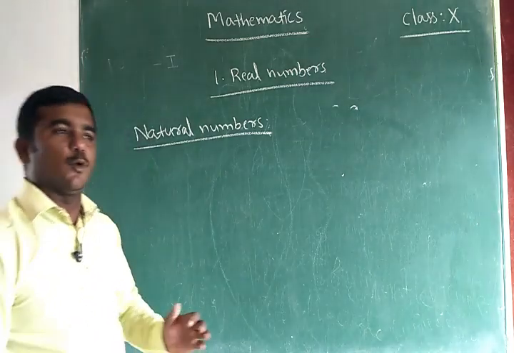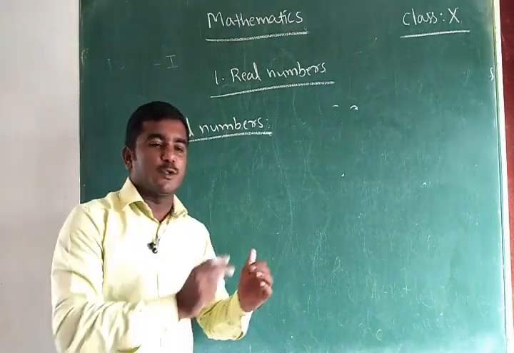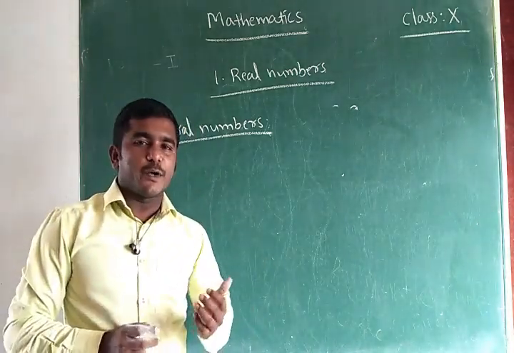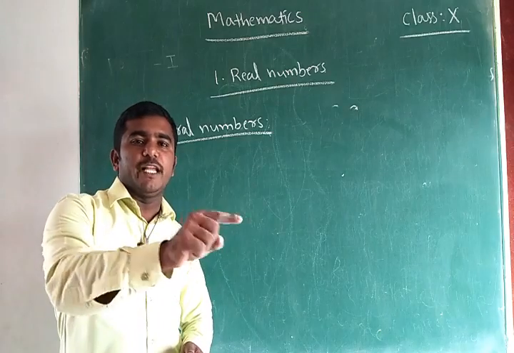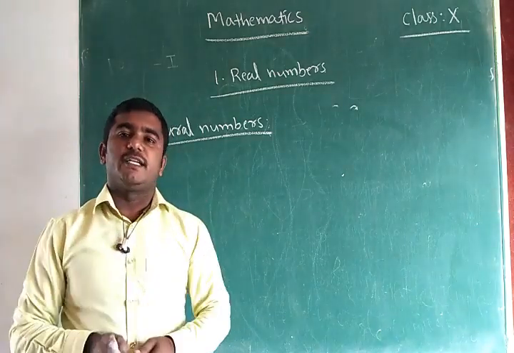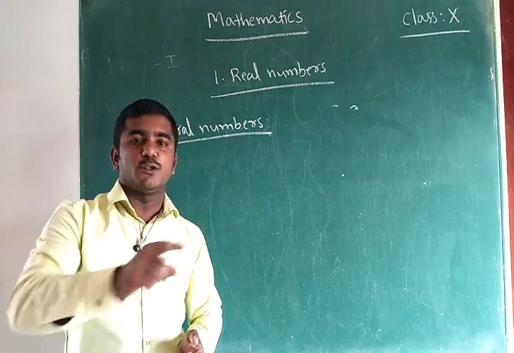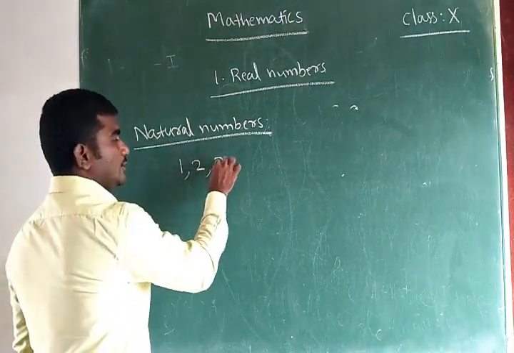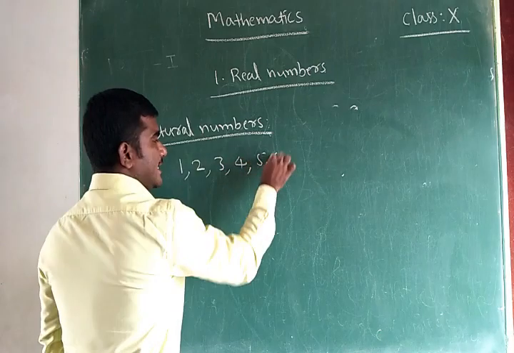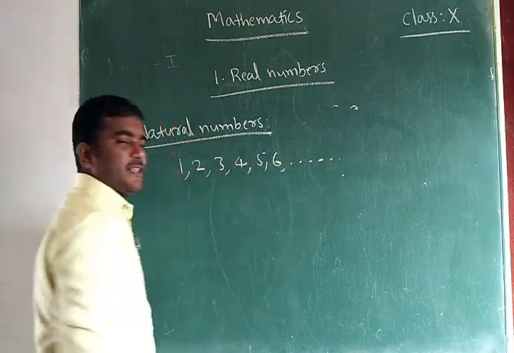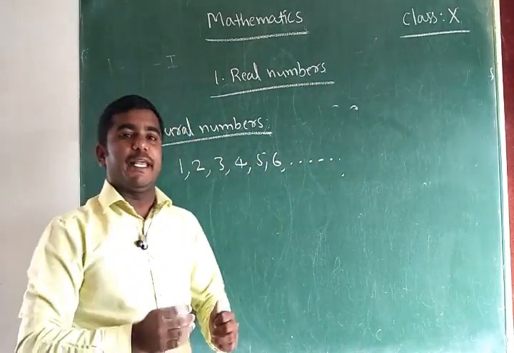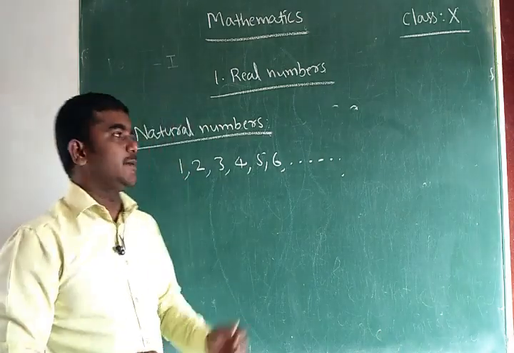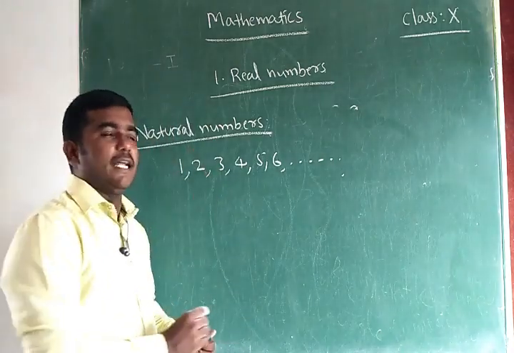Counting numbers means, suppose you want to count the number of benches, how can you start? 1, 2, 3, 4, 5, 6. You will start with 1, you won't start with 0. So the counting numbers are 1, 2, 3, 4, 5, 6, and so on. These counting numbers are called natural numbers.